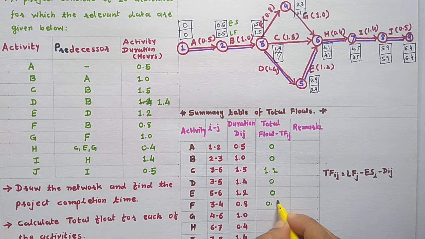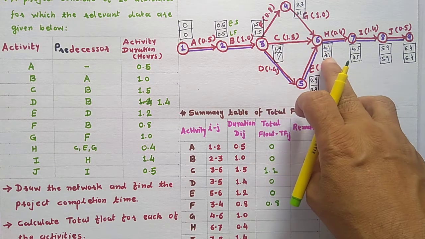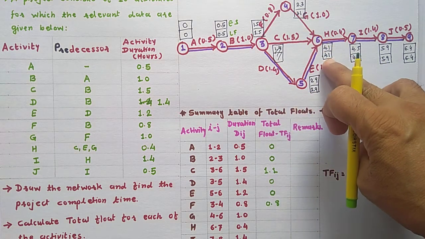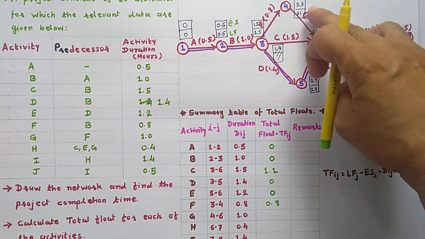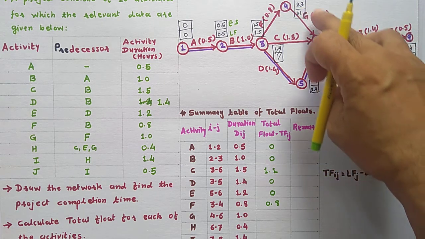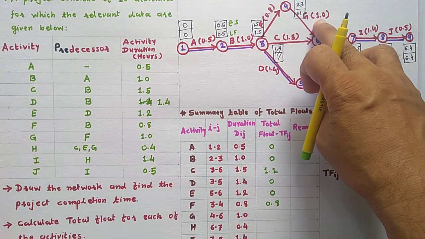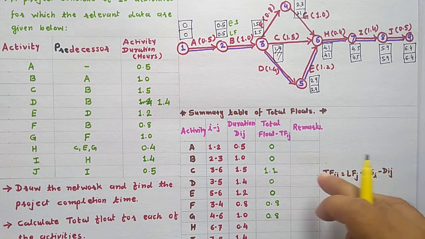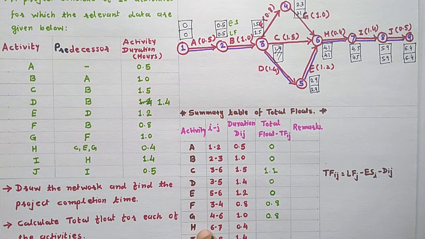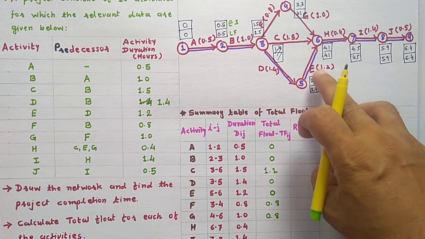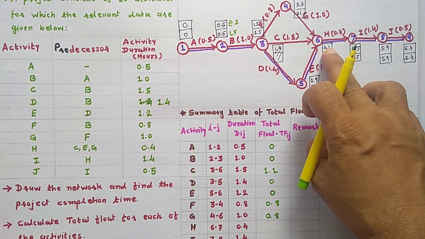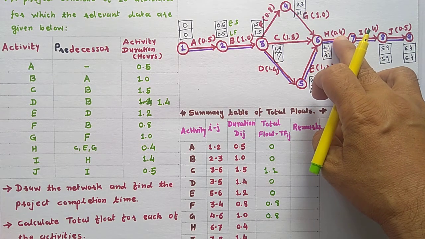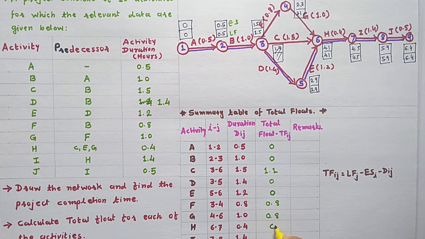Answer is 0.8. Now activity G. Latest finish time of head event 4.1 minus earliest start time of tail event 2.3, so 4.1 minus 2.3 is equal to 1.8, minus duration 1, so it is 0.8. Then activity H: 4.5 minus 4.1 is equal to 0.4, minus duration 0.4 is equal to 0.